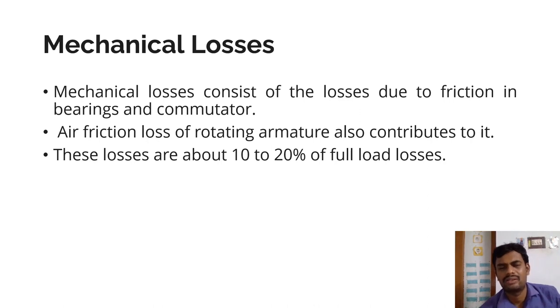Mechanical losses are the losses which occur due to friction at the bearings and commutators and air friction at the rotating parts. These two contribute to the mechanical losses, and these losses will be around 10 to 20% of the full load losses.